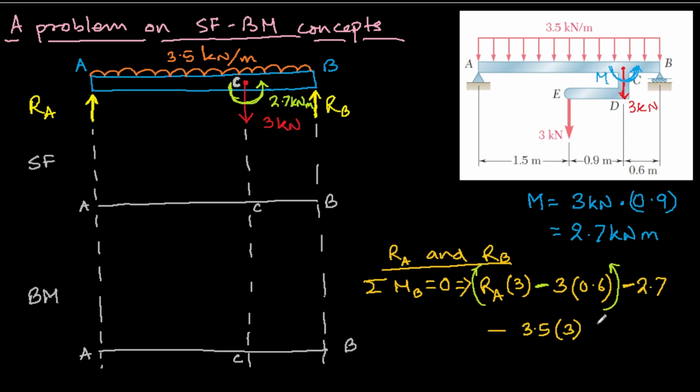And where is it acting? The equivalent load acts at the midpoint, so it's like 1.5. Fine, that's the full equation. From here, if you solve, you get RA. Let me see how much it has come. It's 6.75 kilonewton.